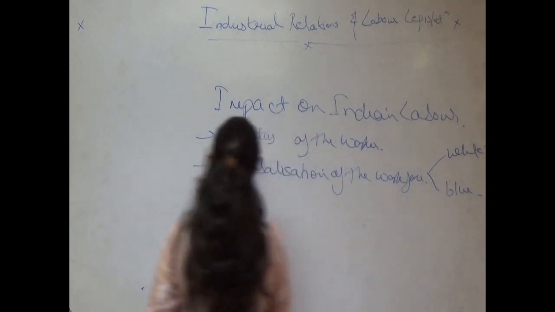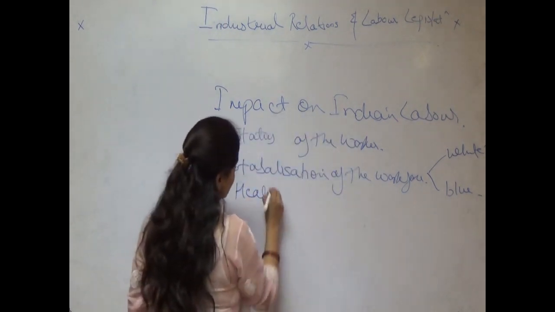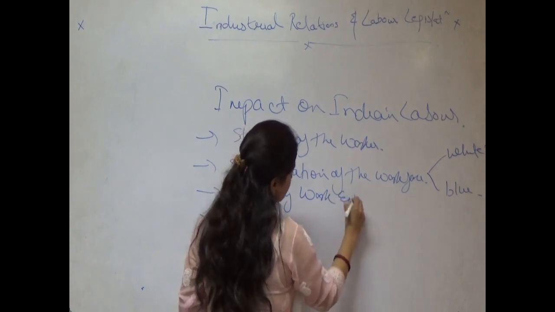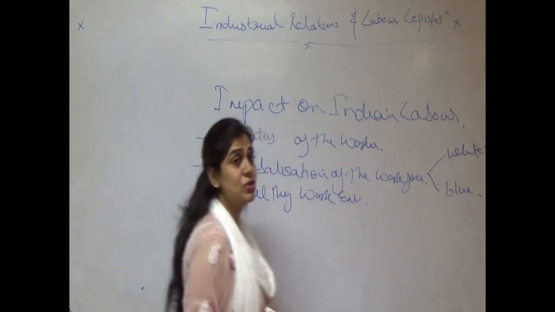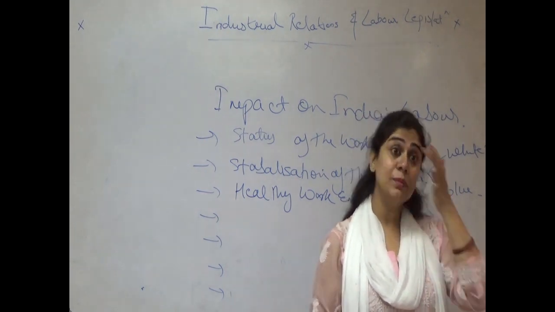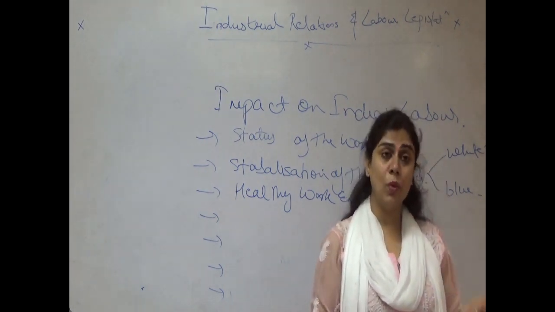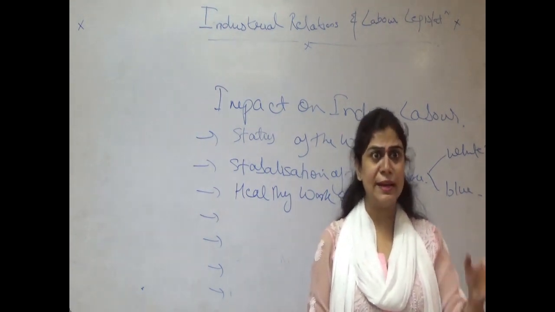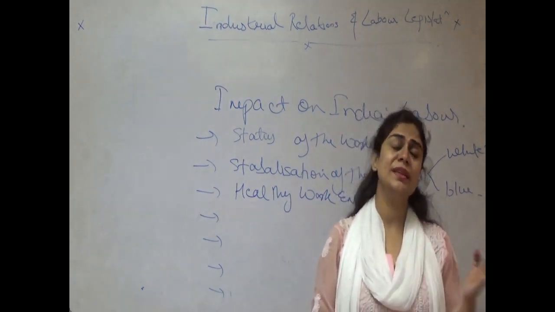Also, there was a healthy working environment. This industrialization also brought a healthy work environment. There were various enactments that made the employer maintain the basic amenities, welfare, cleanliness and the hygiene factor within the industry.